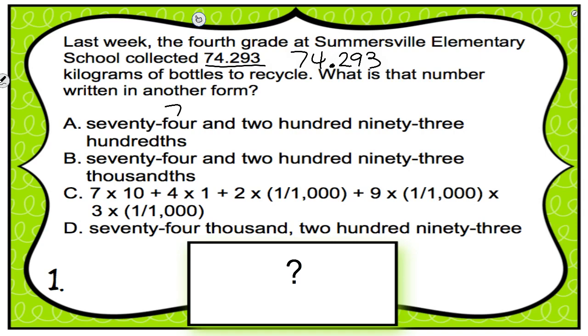So let's look at A. 74. Okay, cool. And we know that "and" means decimal. 293 hundredths. So that means that the 3 goes in the hundredths place, and then the 2 goes in front of it in the tenths place. And then I guess the 9 would go here above the ones place with the 4.